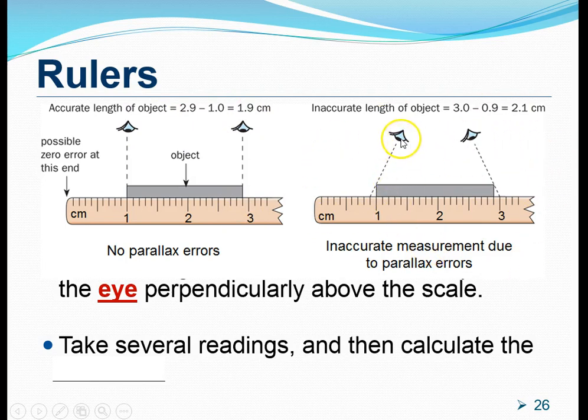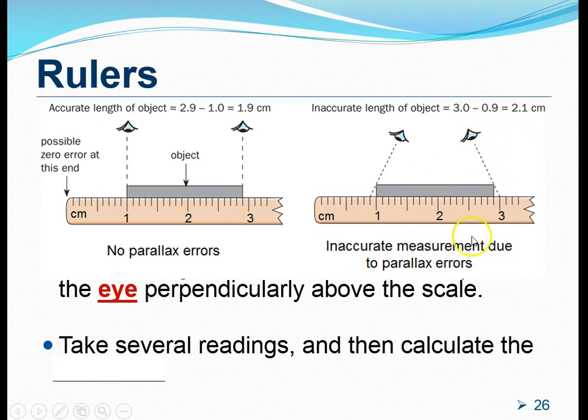If the eyes are positioned not perpendicular above the scale, this can result in error as shown. So the starting point instead of being 1 centimeter can be read wrongly as 0.9, while the other end of the object can be read instead of 2.9, read as 3.0 centimeters. So when we subtract these two readings, it will give us a wrong length.